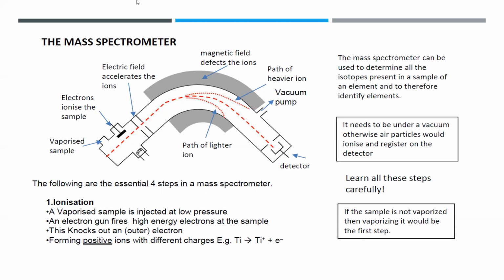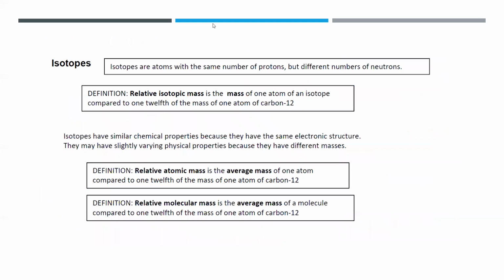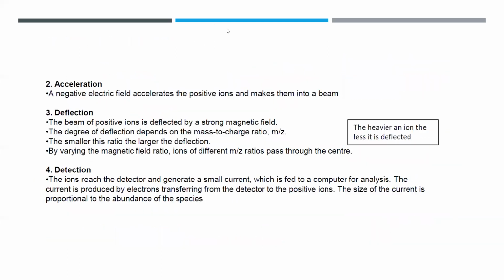And keep one thing in mind, we assume that the charge on the ion is +1, because sometimes when we are ionizing the sample, two electrons are removed. Like you have a sodium atom in a gaseous state, you target it with an electron. So what is our assumption?